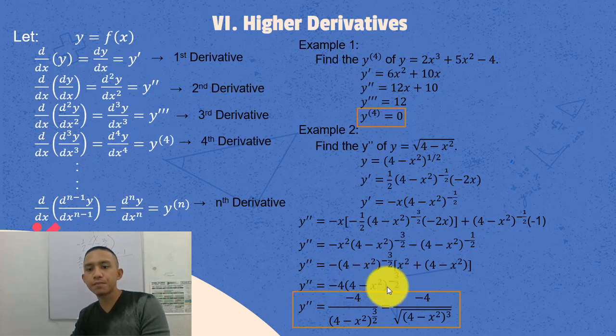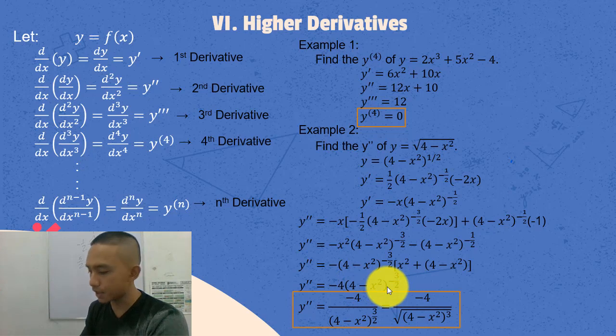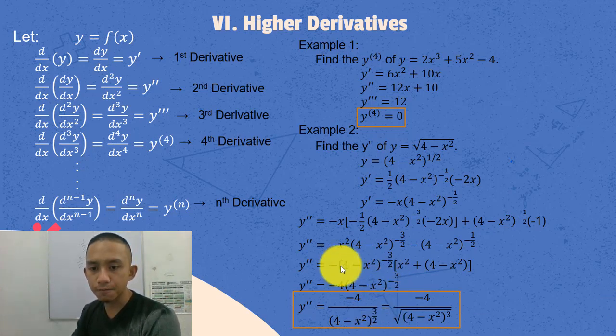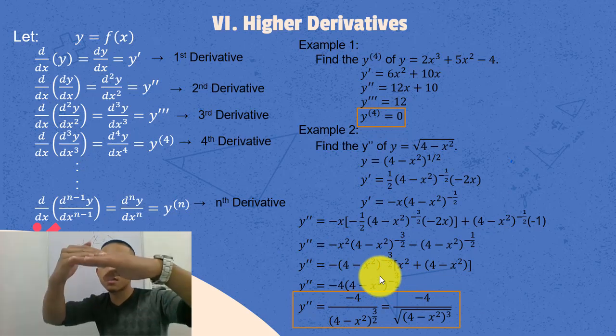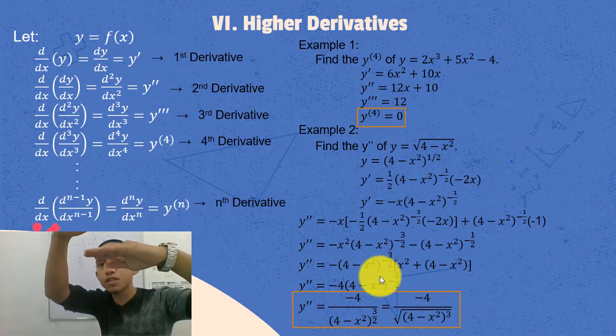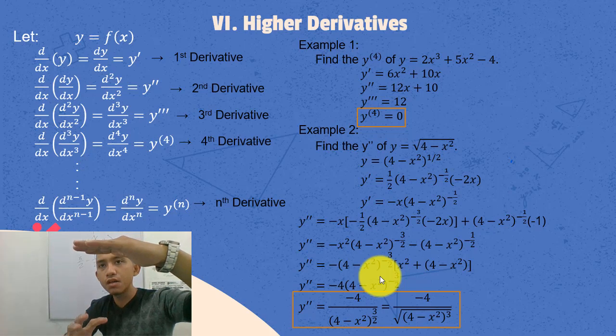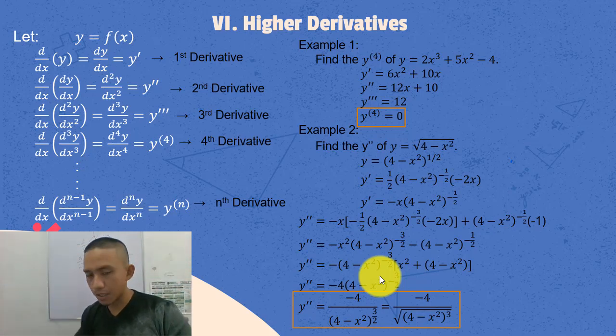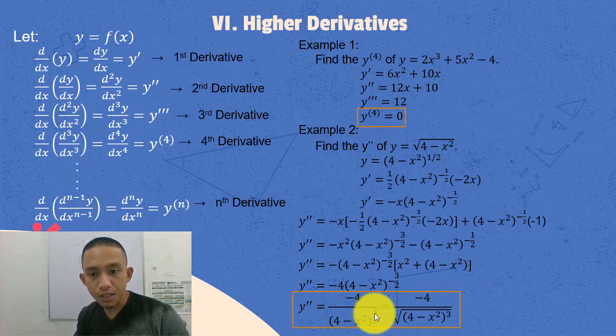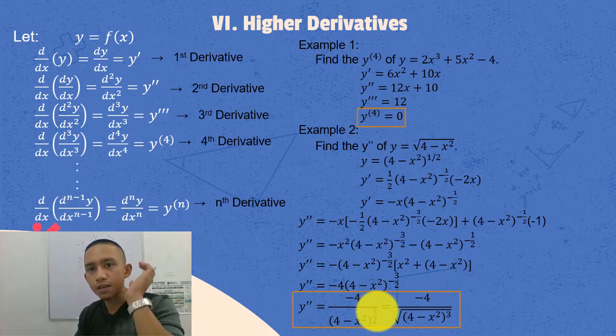And then again, as I told you in our previous examples, this exponent is a negative. So cross the bar. It means transfer that one across the bar. If that is on top, put that one below. If that is below, put that one on top. So that is what I will do. I will put that one below, so that will make it positive. But again, I do not want a fraction exponent. So I will always put a fraction in terms of radical or roots.